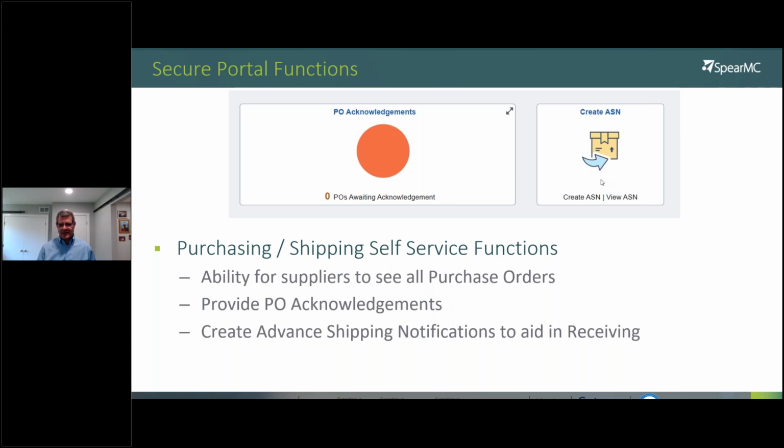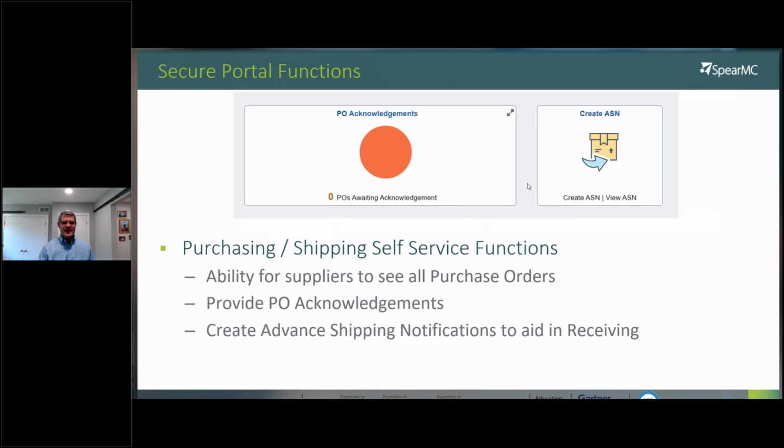So ASNs are an underused feature, I think, in PeopleSoft. Healthcare is using it through partners like GHX today, but we think it's something that the more casual supplier user would really enjoy if you gave them that opportunity.